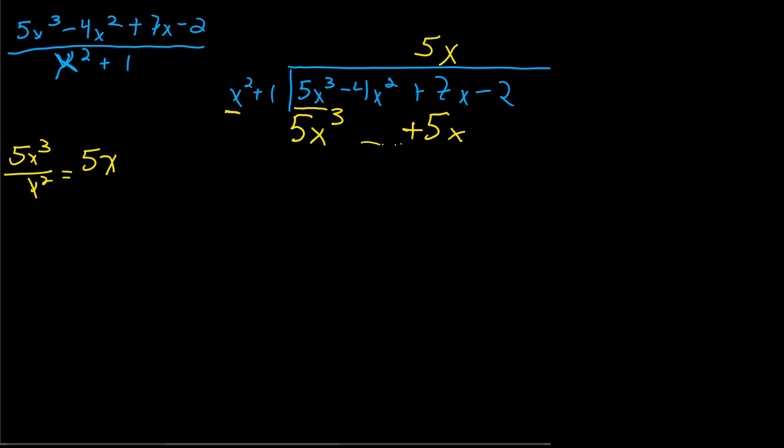And so I want to subtract these, so I'm going to change the signs, right? Because subtraction is a change of sign. And so this becomes negative also. If I've done my job right, the leading terms should cancel. Right? 5x cubed and a negative 5x cubed is 0. But notice, I'm now going to have a negative 4x squared.